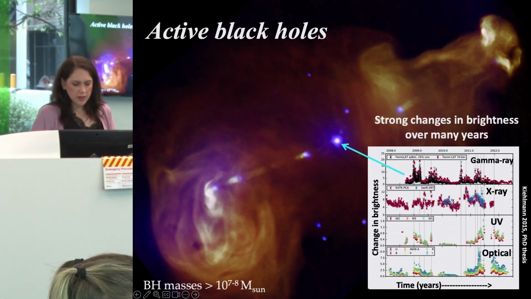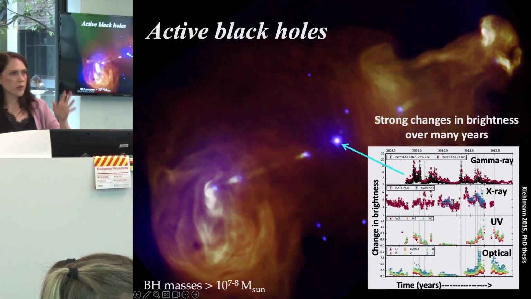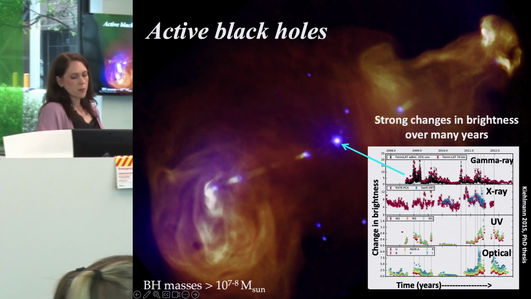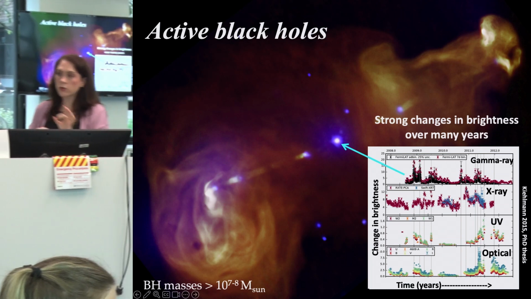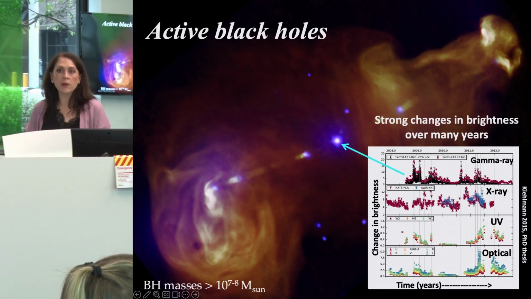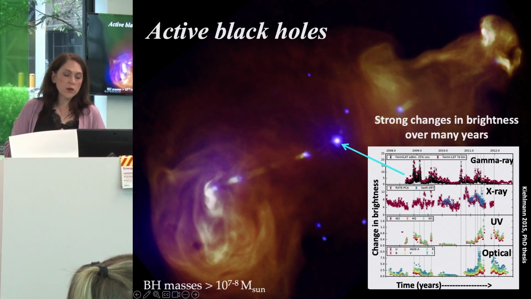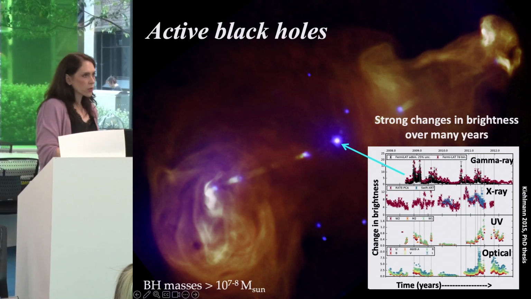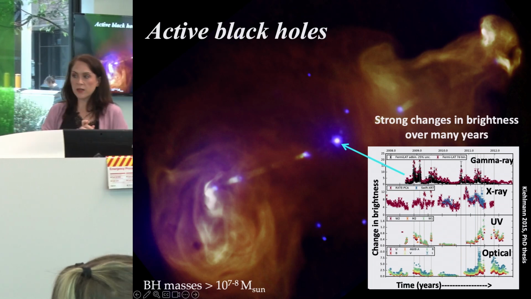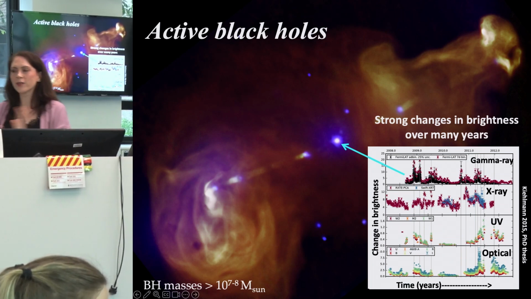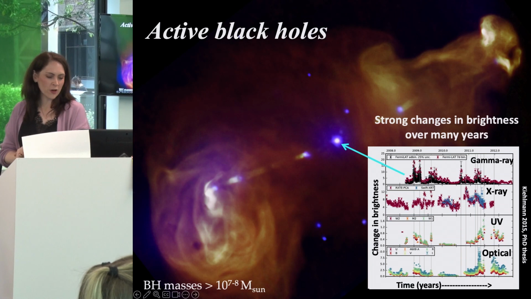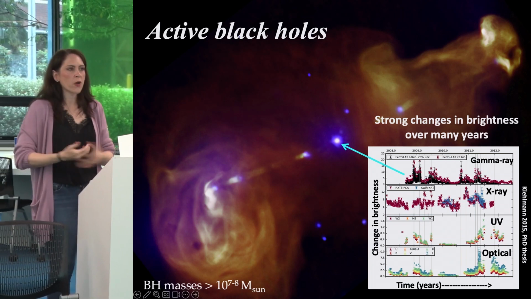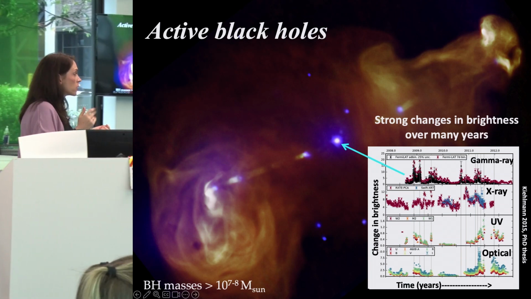And so here, for example, I've plotted a diagram. I know it's a bit hard to see, but you should have access to the slides soon. I plotted a diagram of the brightness of the center of that galaxy as a function of time in different wavelengths. And what you can see is that in all these different wavelengths, from gamma to X-ray to UV and optical, and even radio, which Adele will talk about, and I completely avoided radio so that I don't take Adele's shine, you find significant changes in their brightness over many years, or even over shorter timescales.